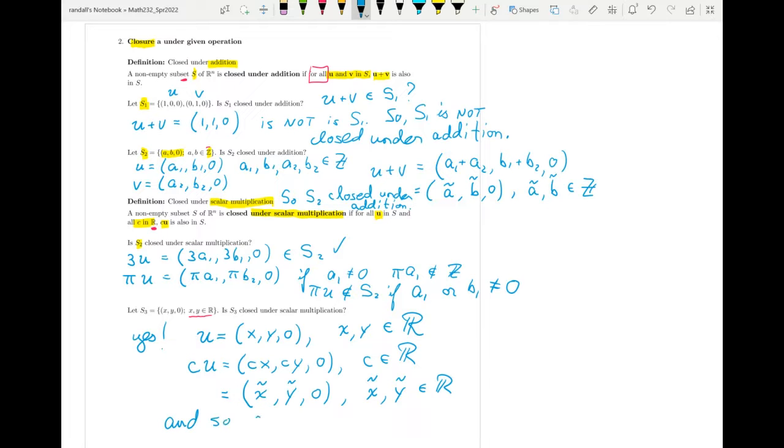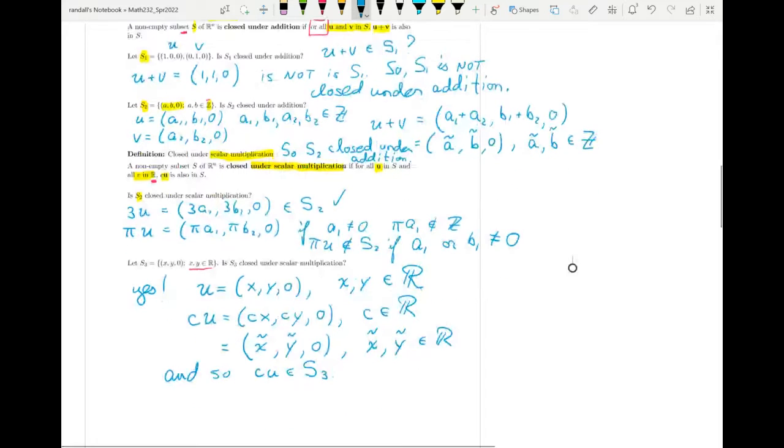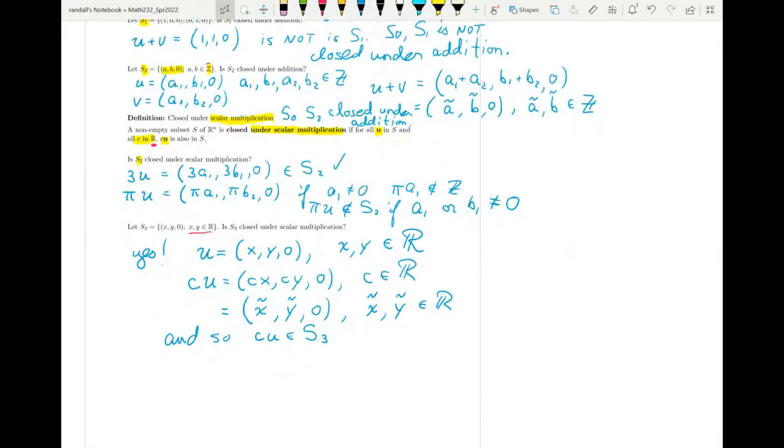And so c times u is in S3. I've proven that the set S3 is closed under scalar multiplication because I've proven it for every selection of vectors in S3 and every selection of scalars c. Therefore, we conclude that S3 is closed under scalar multiplication.